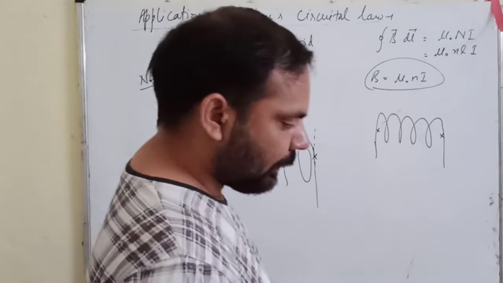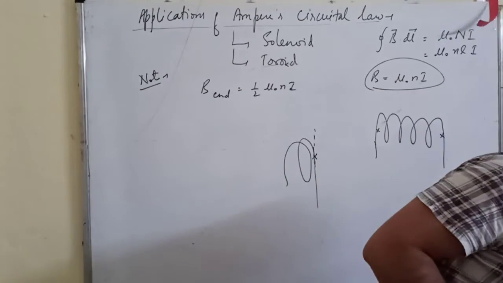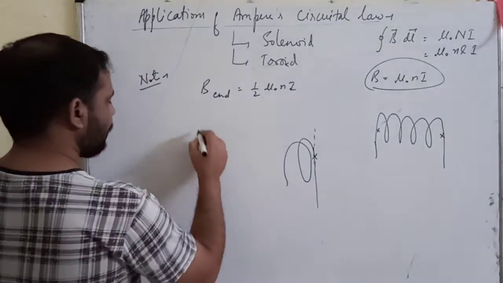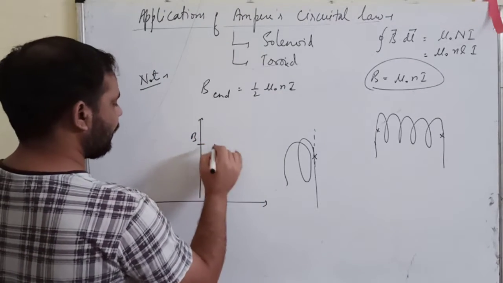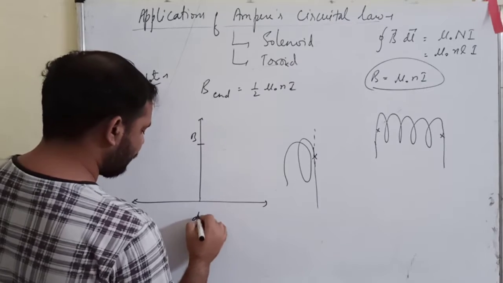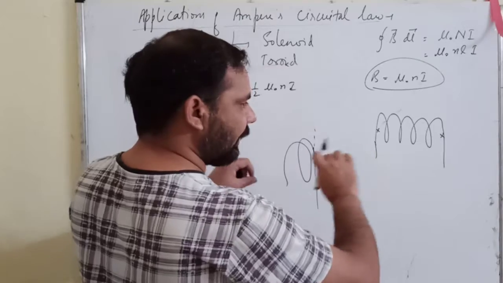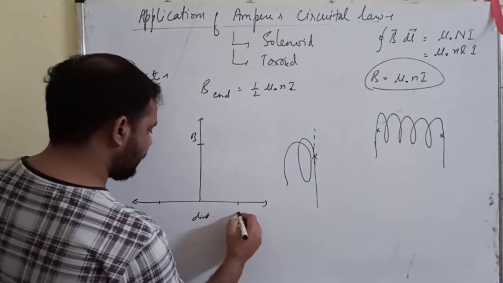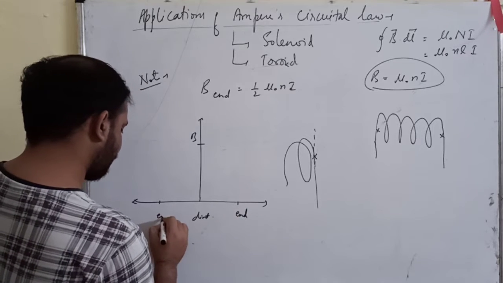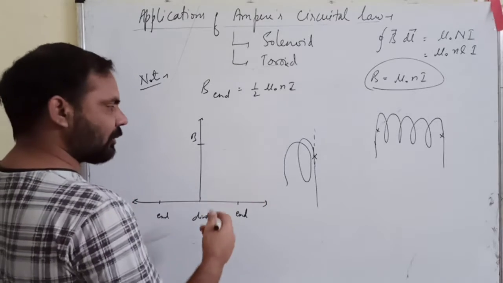So suppose I draw the graph for B and distance, meaning where the point is. Suppose these two points represent the ends of the solenoid.